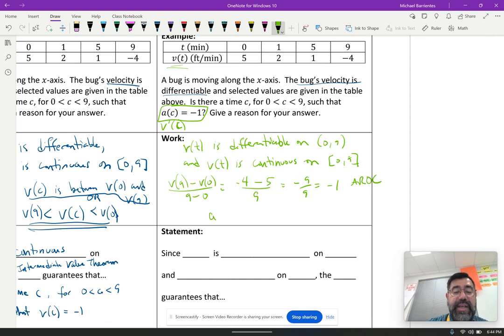So then I can say a of c, which is the derivative of velocity, has to equal that. According to the mean value theorem, there has to be a point where the derivative is equal to the slope of the secant line, which we happen to find is negative 1.